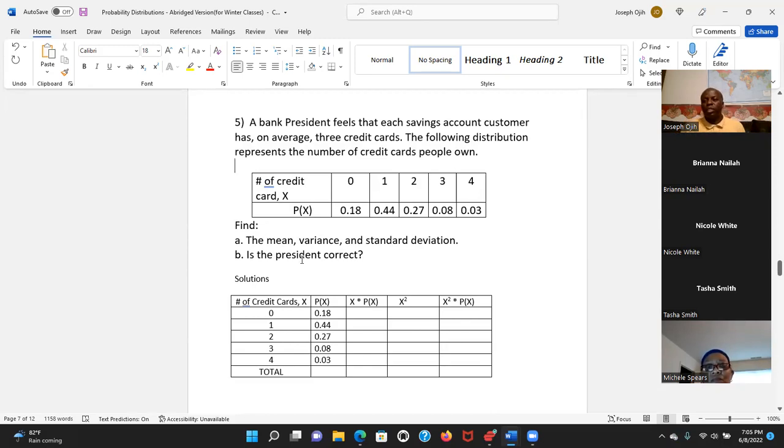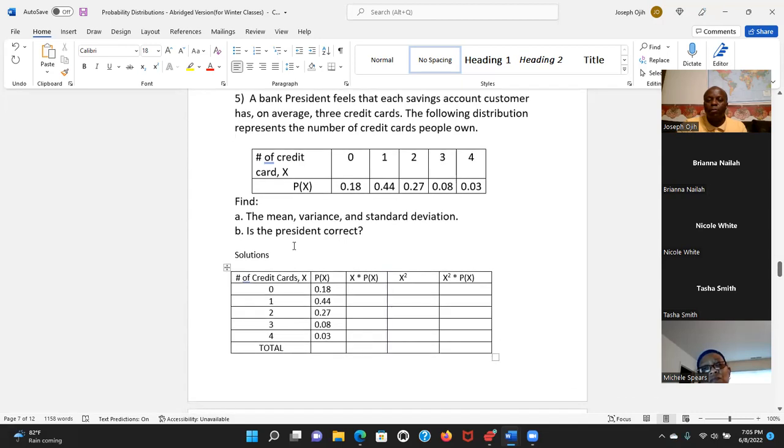Now, there are 2 ways you can do this, but I prefer to use the shortcut method, which involves putting these numbers in a table form like this one here. Number of credit cards, x, their corresponding probability P(x), then you get x times P(x), and x squared times P(x). So x times P(x) means this one here times this.